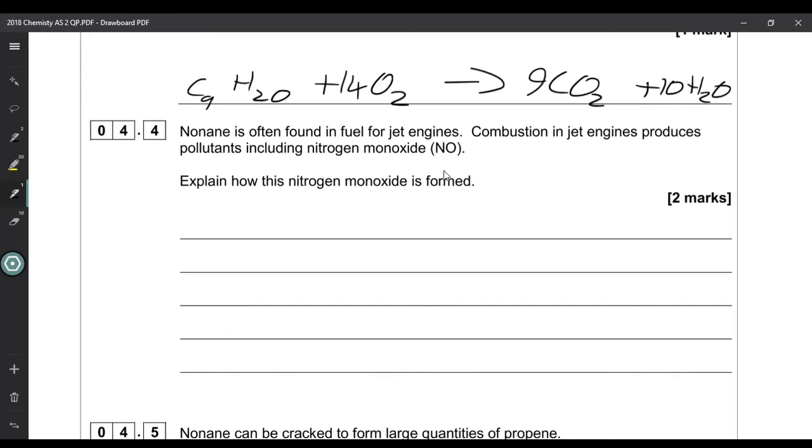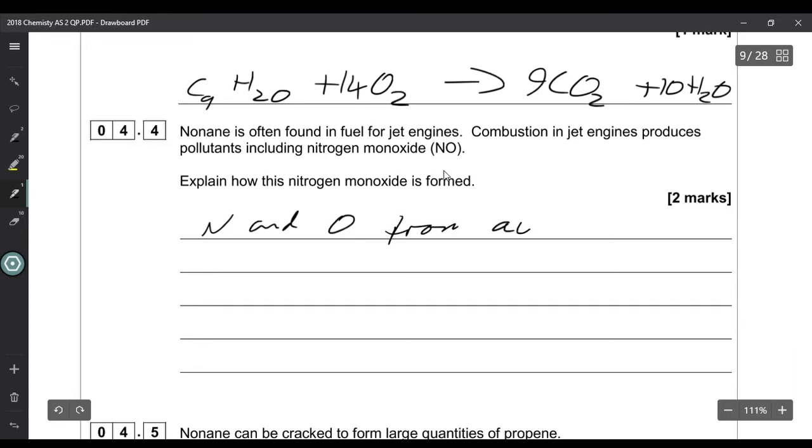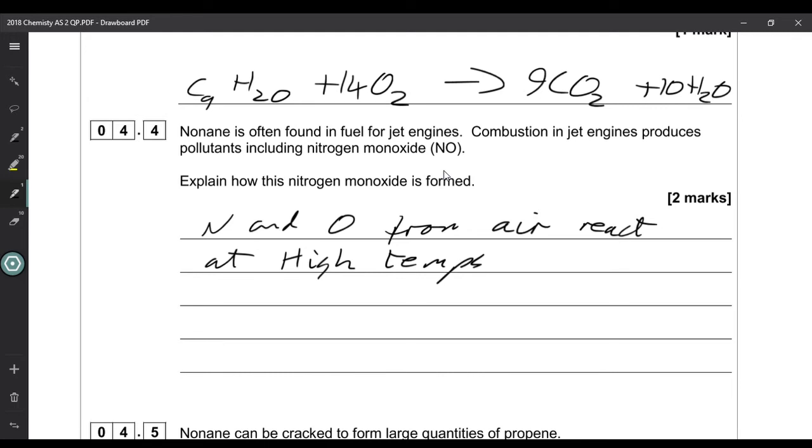So the N and the O from the air react at high temperatures. So it's the high temperature that exists during the combustion that forces the nitrogen and the oxygen in the air, not the fuel, to then react to form NO.